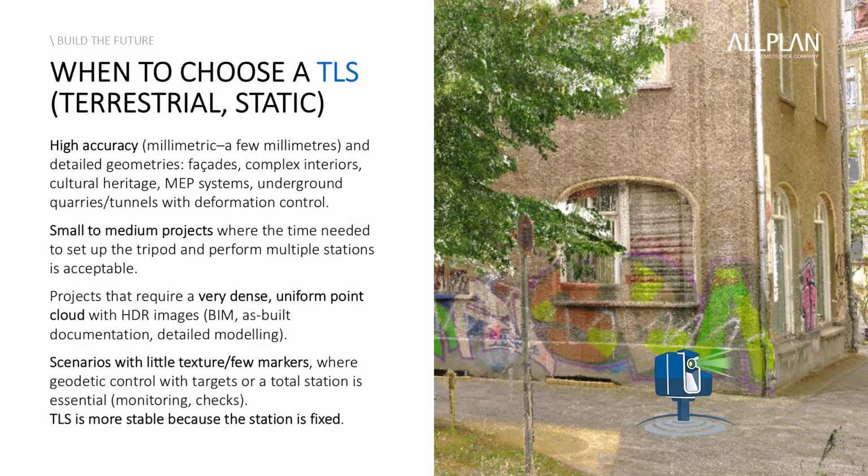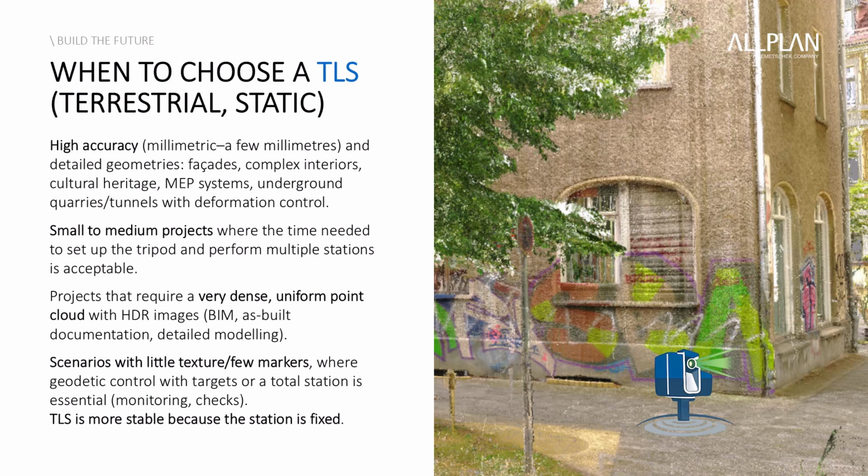So when exactly should I opt for the use of a stationary terrestrial laser? Well, it is mainly when I need an incredibly high level of precision that reaches down to the millimeter, and also when I am dealing with the specific nature of small to medium-sized projects where, quite clearly with a terrestrial instrument, I have to take into account the fact that I will need to carefully set up and then subsequently take down a tripod every time I move from one station to another.